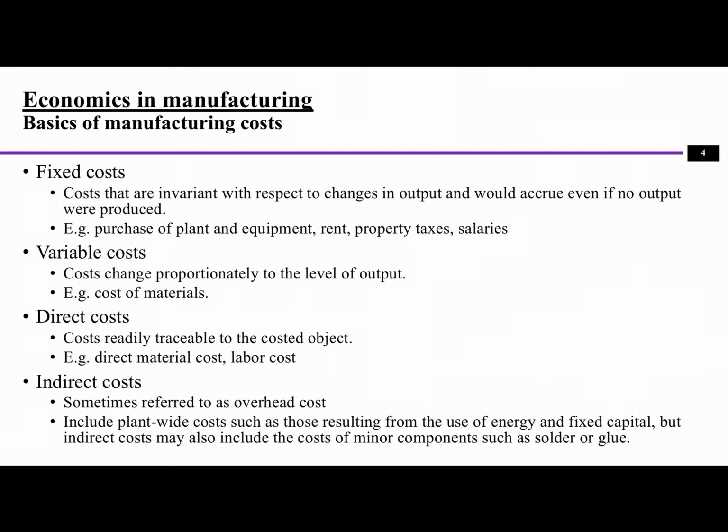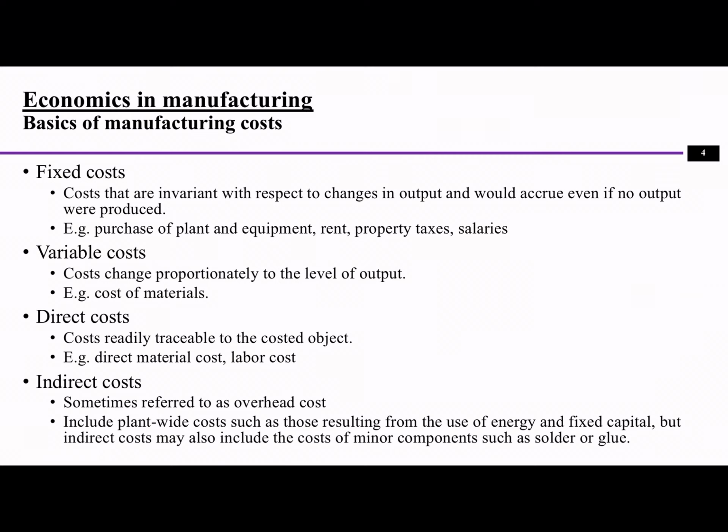If you use it and produce 1 million products a year, you still have the same cost of the machine. So that's how it works with variable costs and fixed costs.